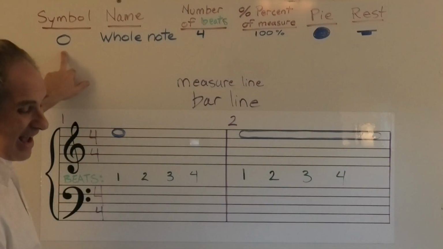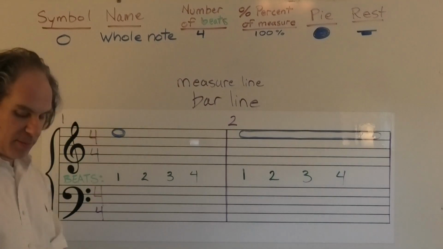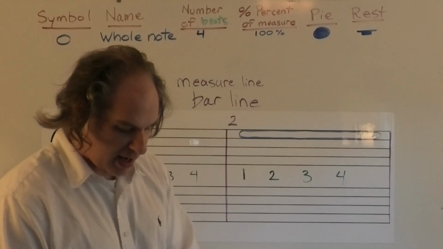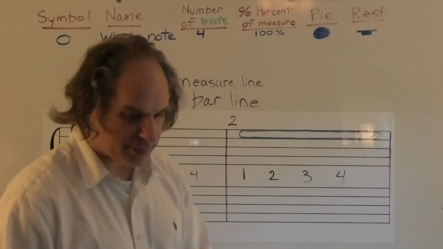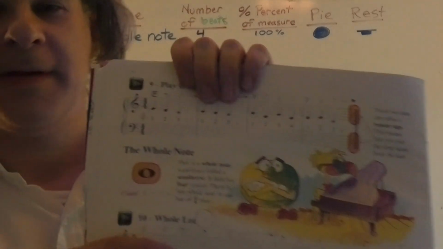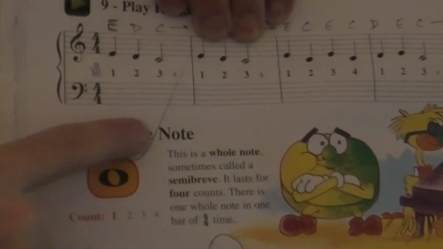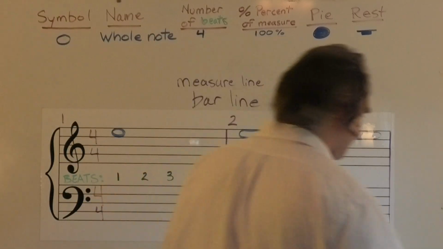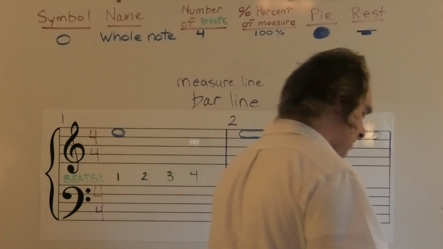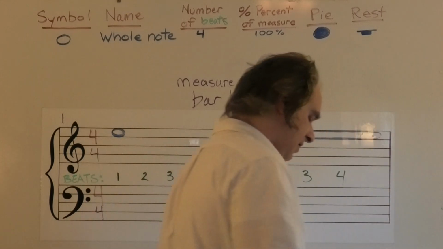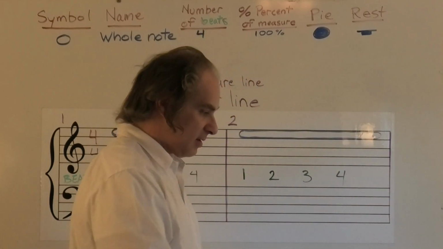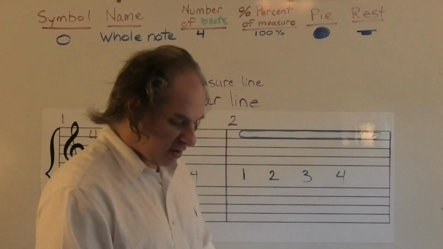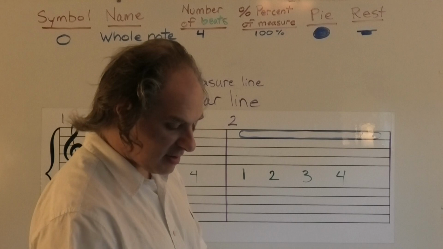The whole note does not have a stem. So you can see this whole note does not have a stem. If we look at the back of the book, does this note have a stem? No. Does this note have a stem?